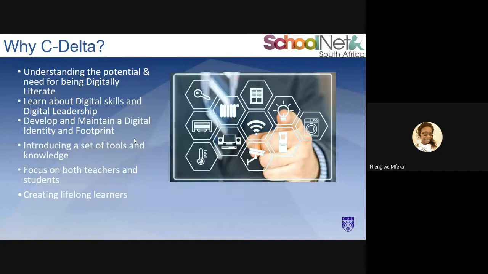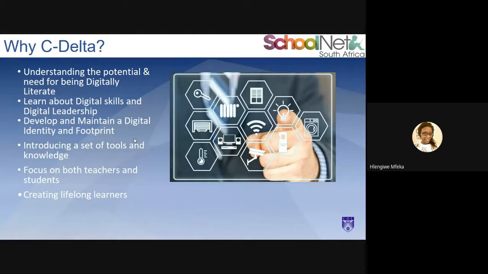You will also be aware that in the future, if not already, your CV will not be enough for screening, but your digital footprint would be another source of screening you when you apply for a job, for an opportunity, or for a bursary.